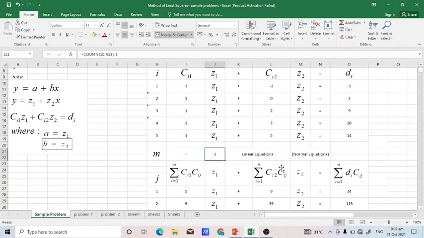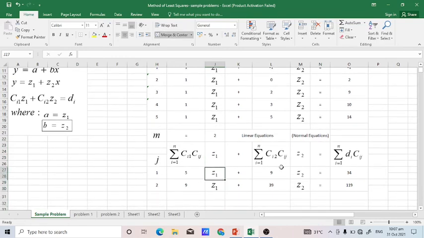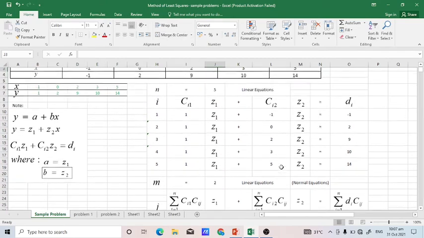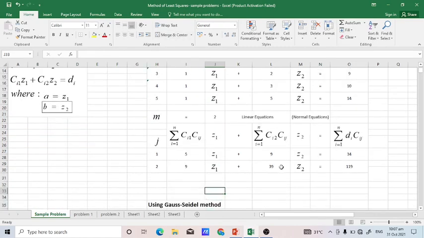For a line, no? Method of least squares for a line. So, we have here, ito yung para sa second normal equation. So, 2 normal equation tayo.